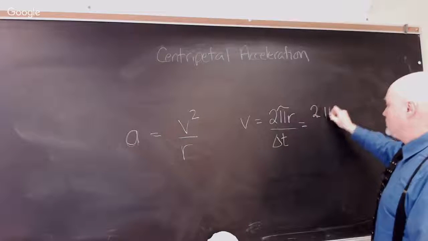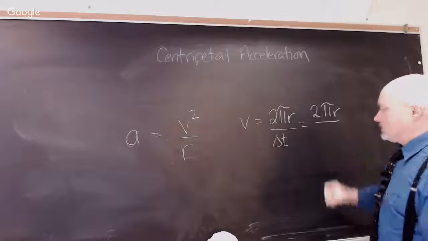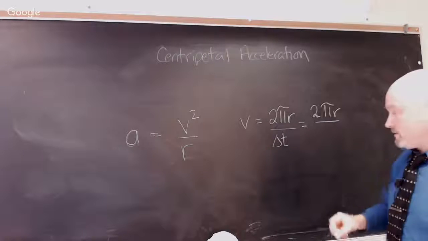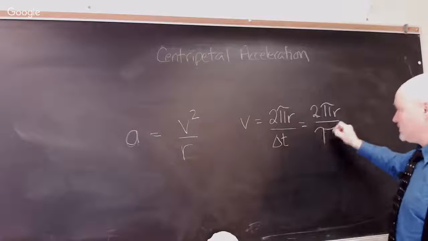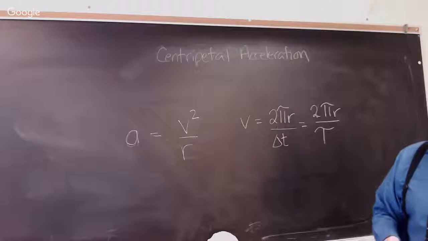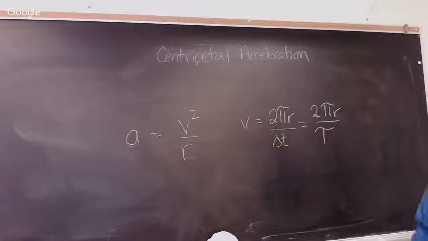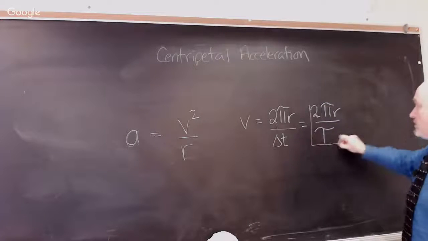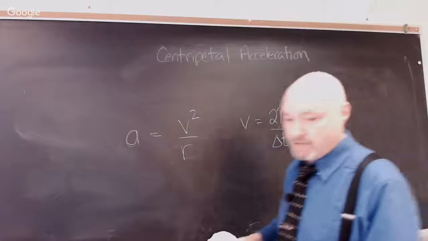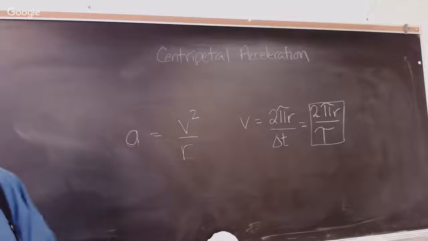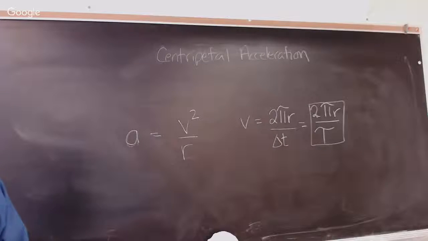The amount of time required to go around the circle is also known as the period, and we represent that with a tau. Okay, so here's our new expression for velocity, but it's given in terms of period.